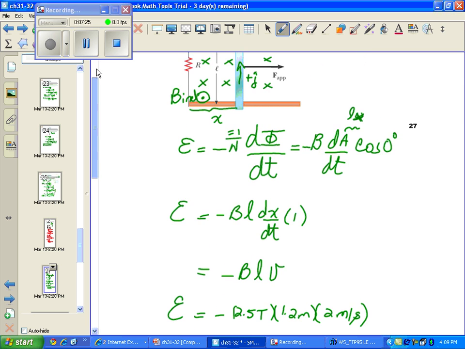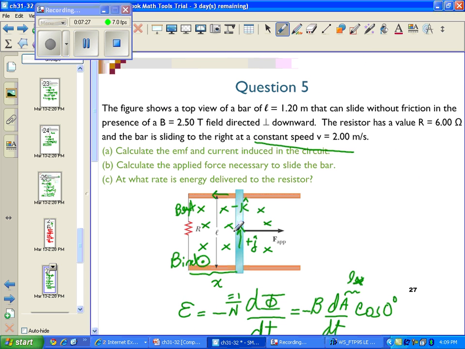Let's come up here, which means that the magnetic force is in this direction, FB. But because this rod is moving at constant velocity, that means that the magnitude of FB must equal the magnitude of the applied force.